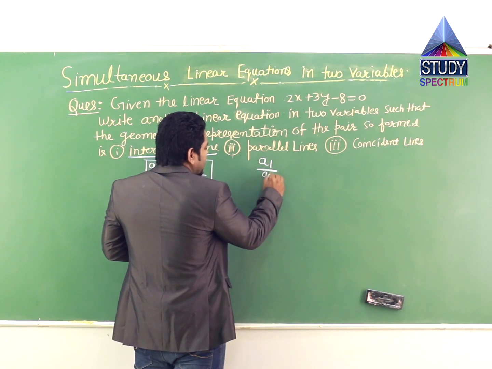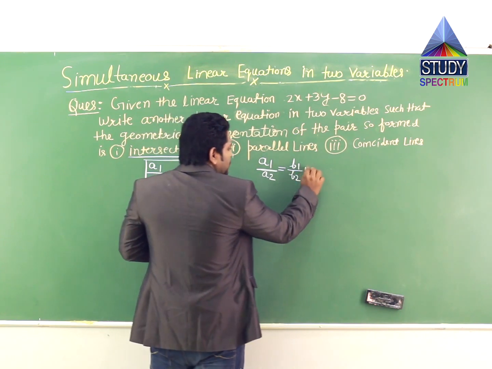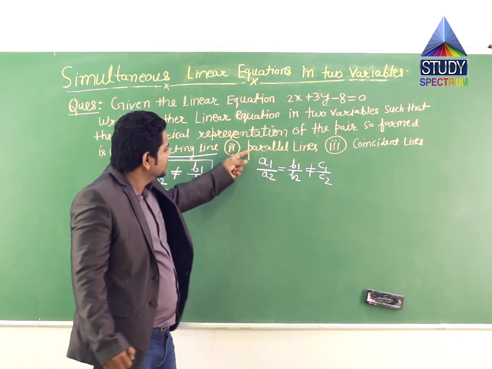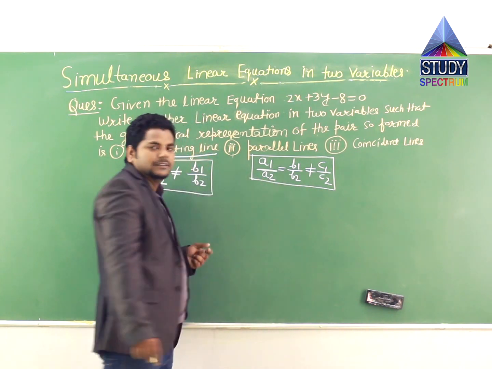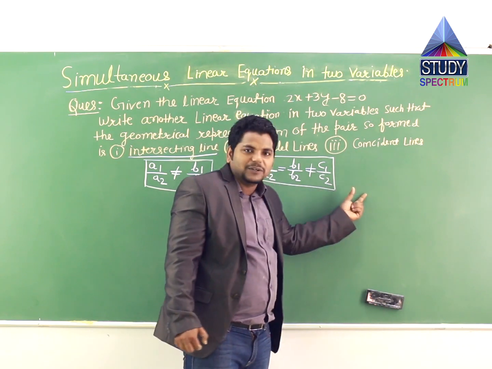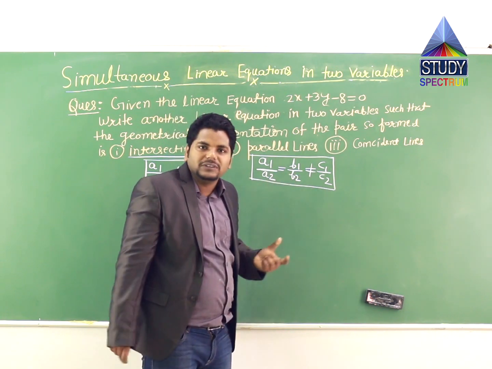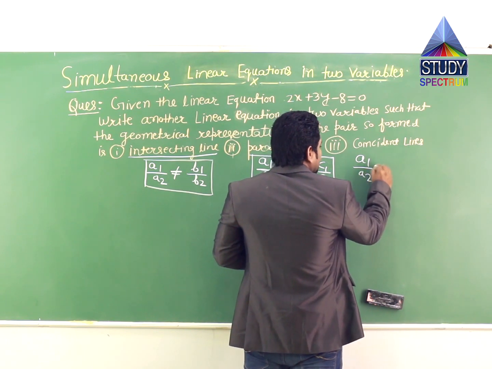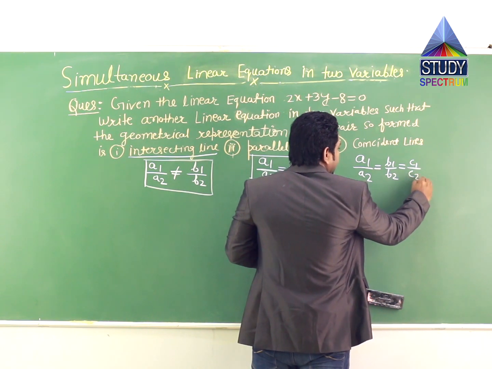A1 by A2 is equal to B1 by B2, but these two should not be equal to C1 by C2. Now what for coincident lines? A1 by A2 is equal to B1 by B2 is equal to C1 by C2.